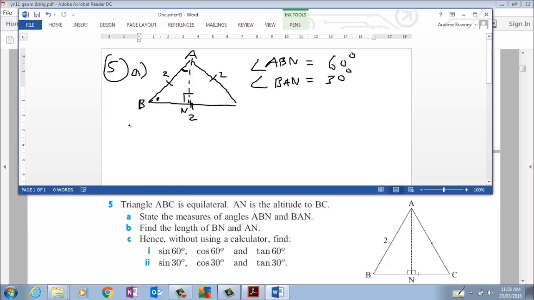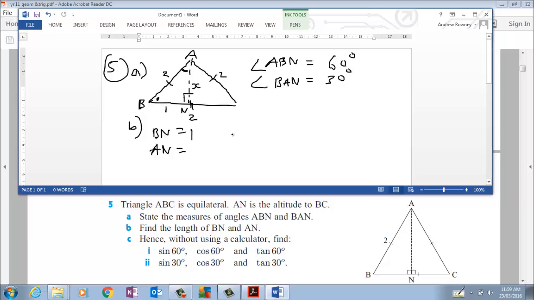In part B, it asks for the length of BN. Now BN is going to be 1 because it is half of the whole base, which is 2. And AN, which is the perpendicular height, we don't know what that is, we'll call that x.